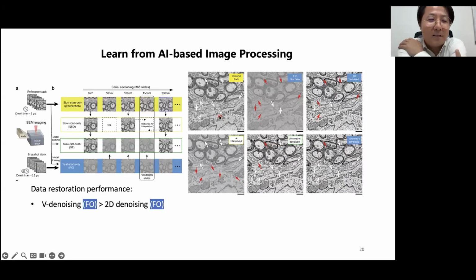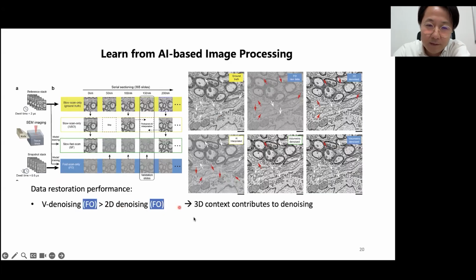What we learned from this AI-based image processing: first, volumetric denoising is in general better than 2D denoising, which means the 3D context does contribute to our denoising. Anyway, it's a structure in 3D. It's a continuous structure, so you can easily define where the noise is, which is discontinuous in 3D space.